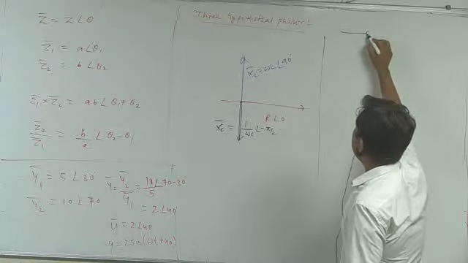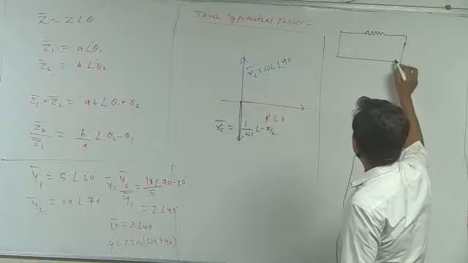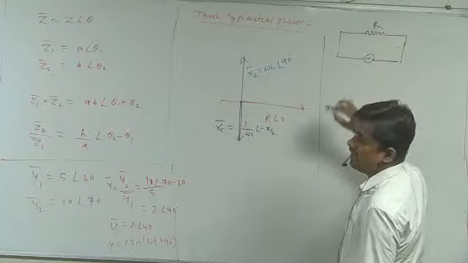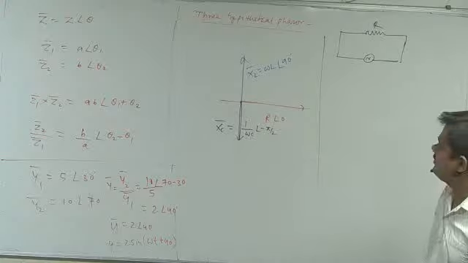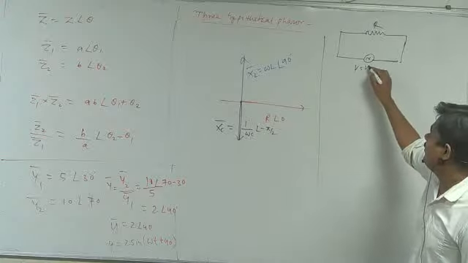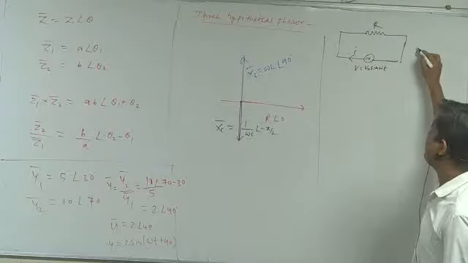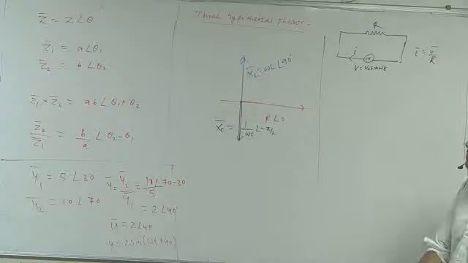This is the purely resistive circuit that we discussed. Yes or no? In that, what have we seen? Current and voltage are in the same phase. V equals V naught sine omega t. If I have to write, I phasor will be written as V phasor by R phasor. What is V phasor?